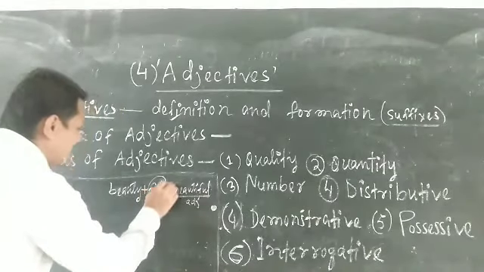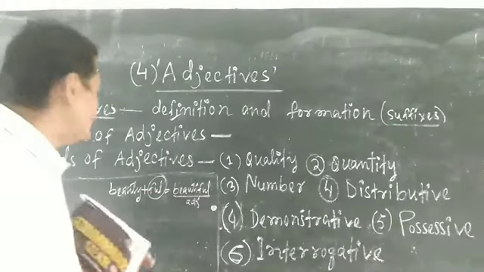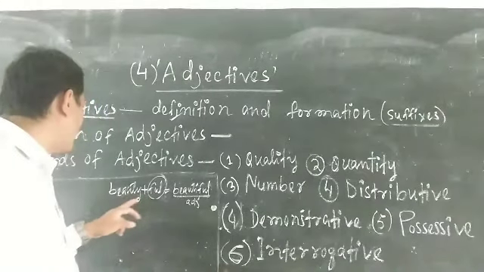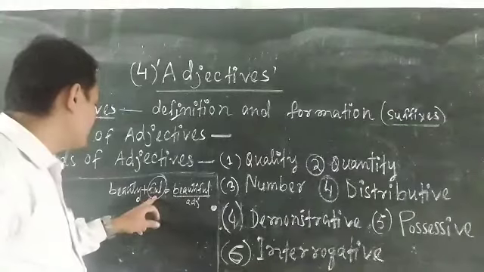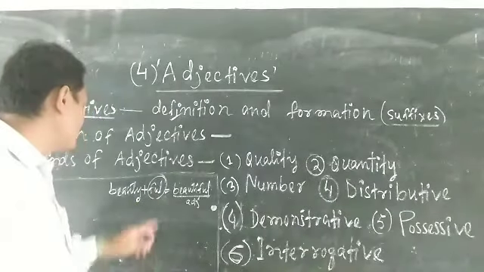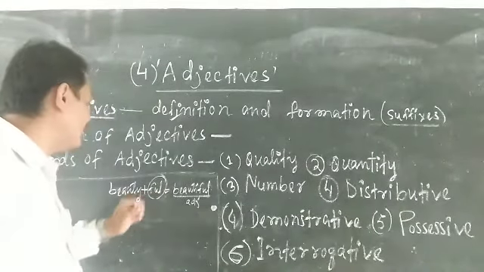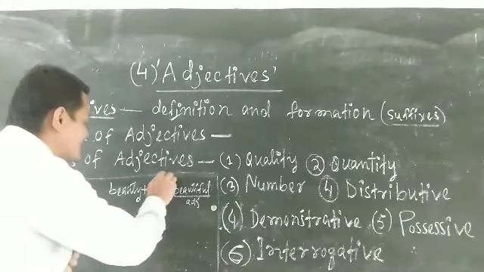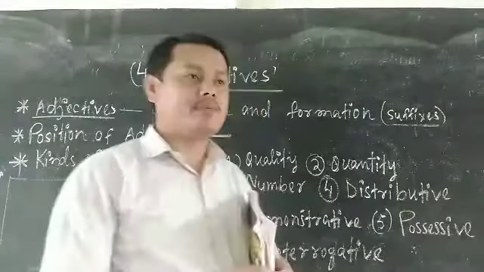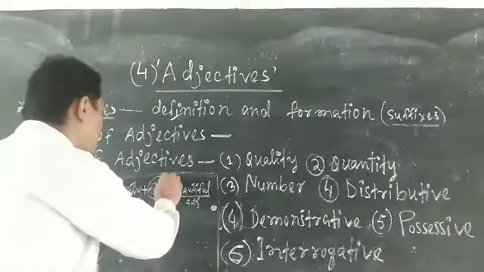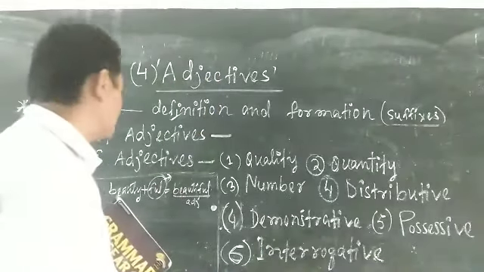So F-U-L is called a suffix, since it has been used after beauty, and it is a group of letters. How many letters? There are 3 letters, F-U-L. So this is called a suffix. So we can form adjectives by using such groups of letters, which are suffixes.